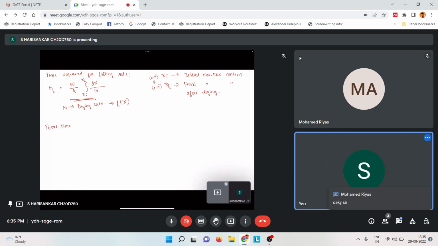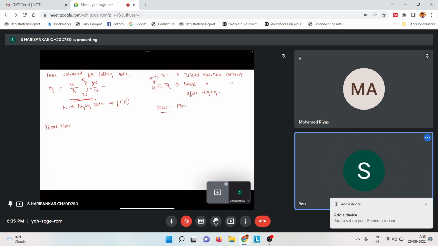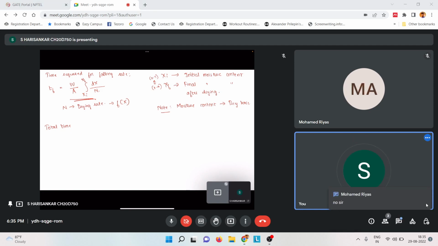Okay, fine. Also, one important thing to note is that all this moisture content is on dry basis. Do you know the difference between the dry basis and a wet basis? I'll start with wet basis.